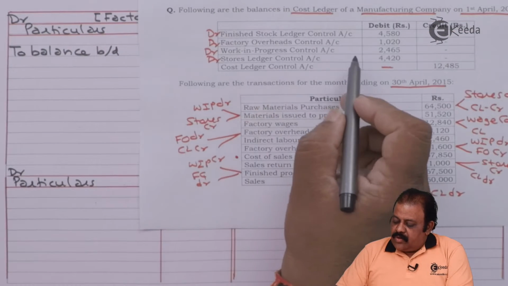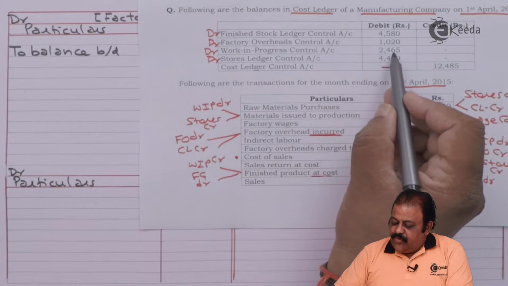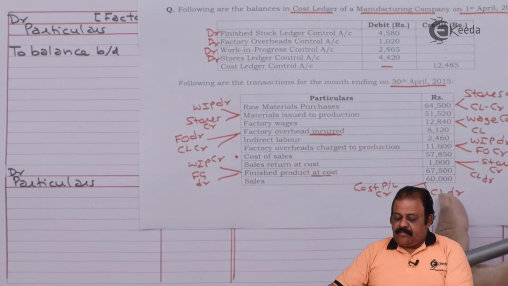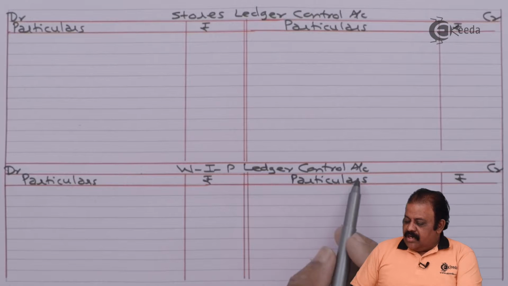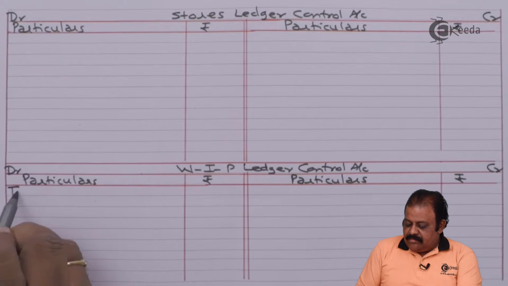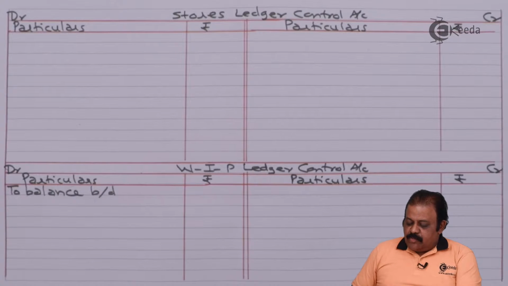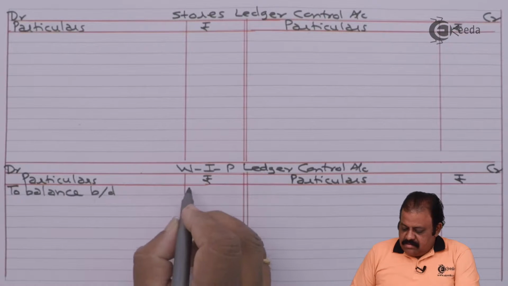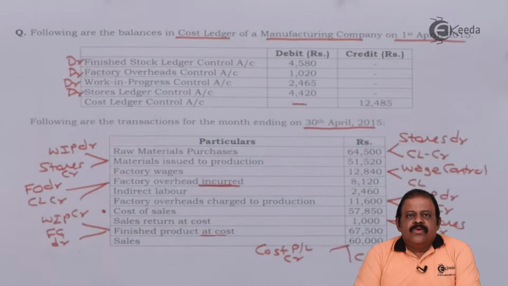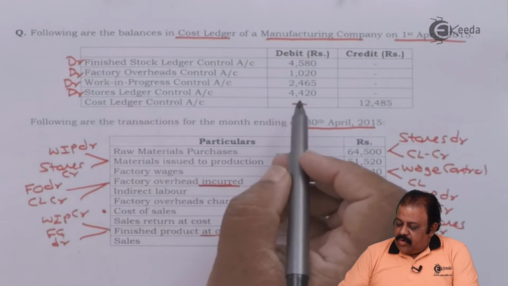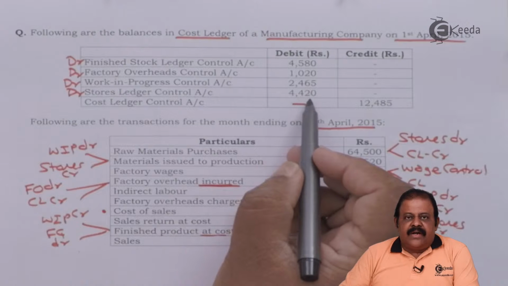Work in progress control account 2,465, debit side, to balance brought down 2,465. Stores ledger control account 4,420.